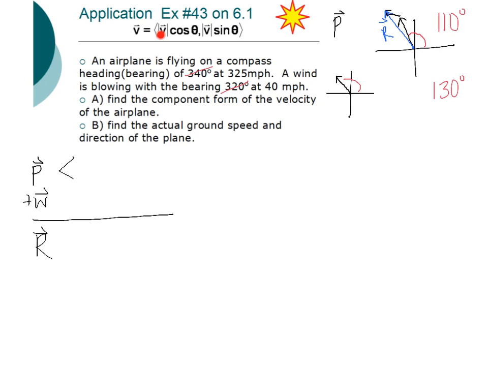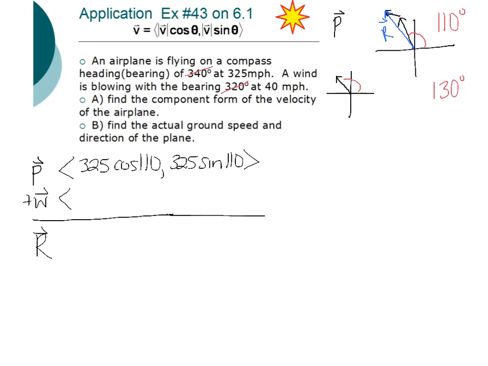It's going to be the magnitude of the plane times the cosine of my directional angle. The magnitude of the plane was its speed, 325, times the cosine of the directional angle, 110, and then 325 sine 110. Now let's do that with the wind vector.